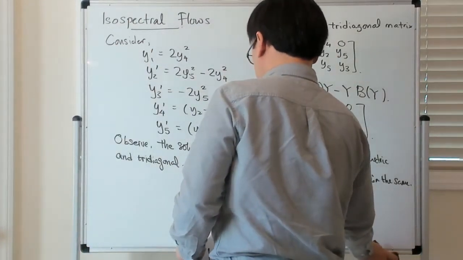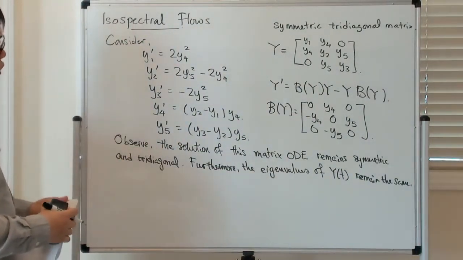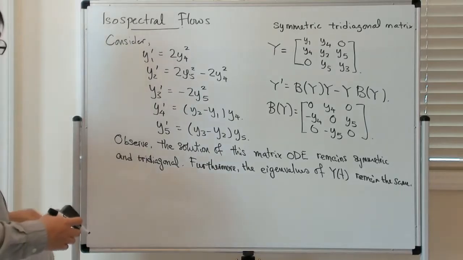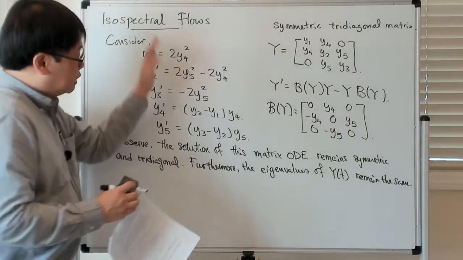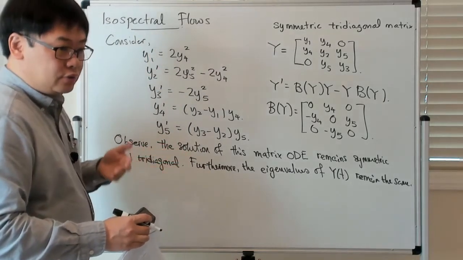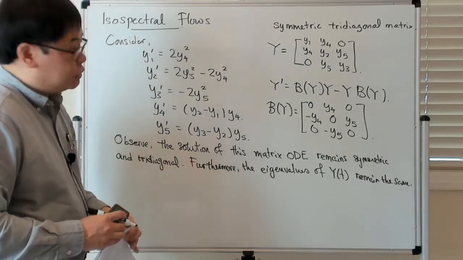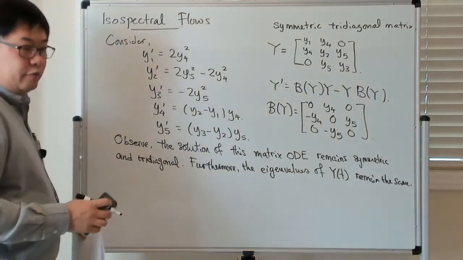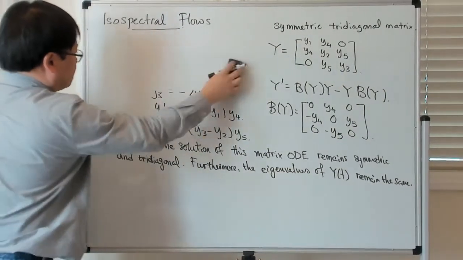So I'm going to attempt to generalize this special case to what are called isospectral flows, which, as the name implies, correspond to matrix differential equations whose solutions y of t have the property that the spectrum of that matrix is a constant of the flow. Okay.